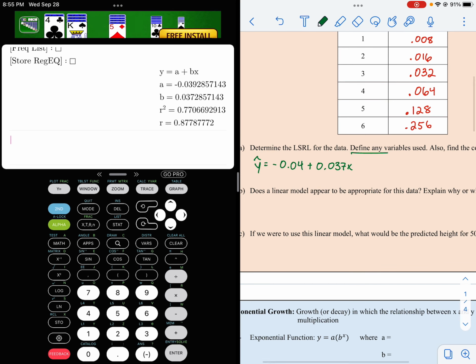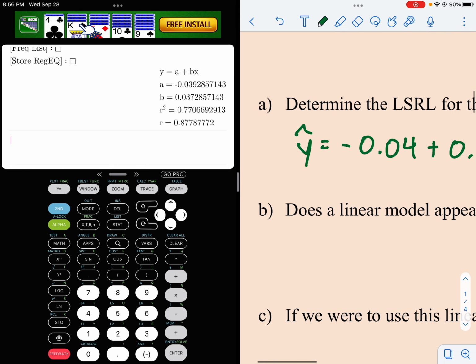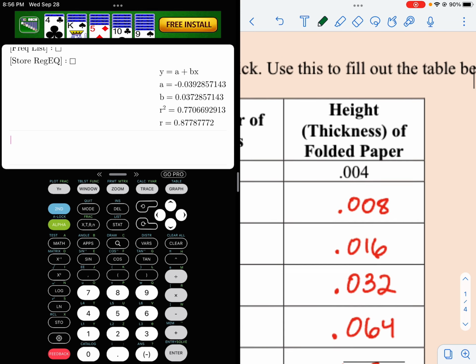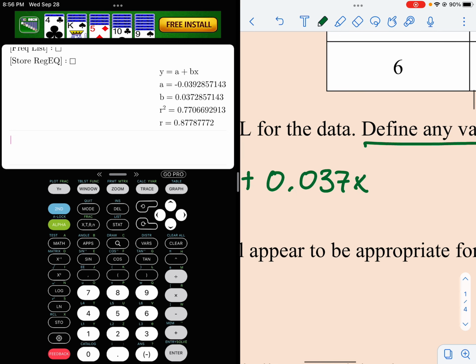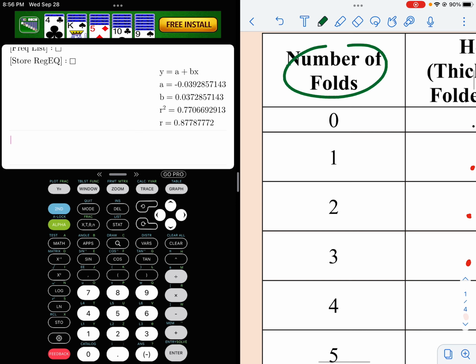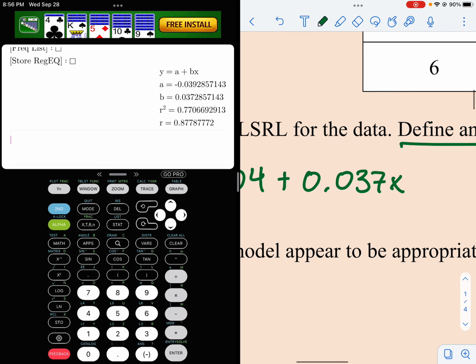However, it asks us to define any variables used. So instead of calling this y hat, we're going to call this height hat. And instead of calling this x, we're going to call that number of folds.